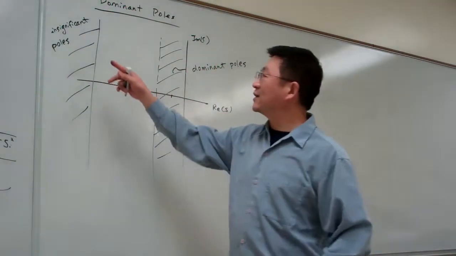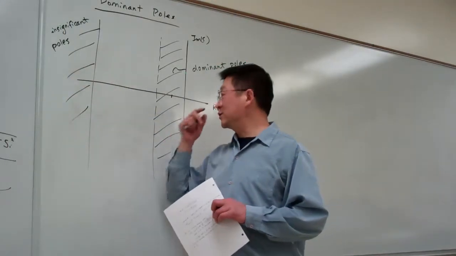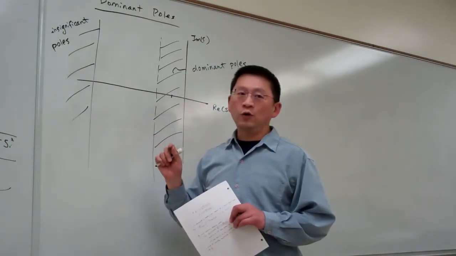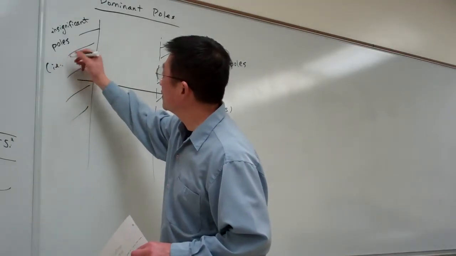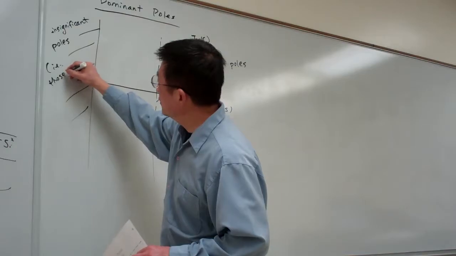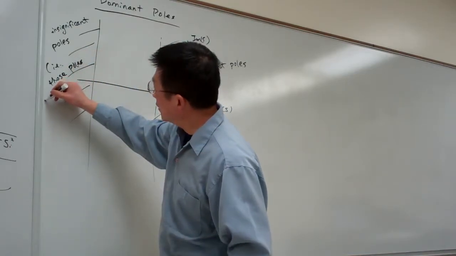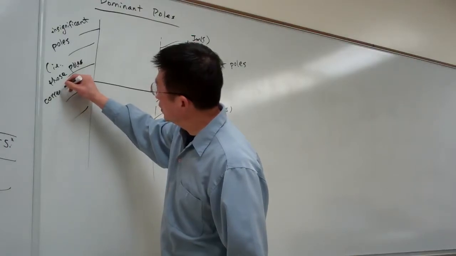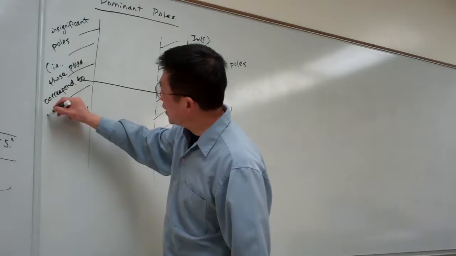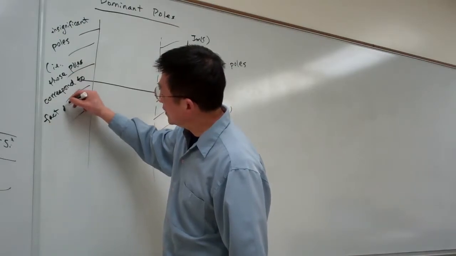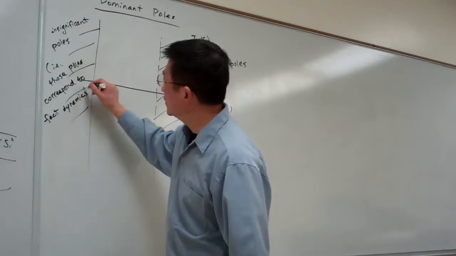Insignificant means their influence on the determination of the system dynamics is small. So those poles correspond to fast dynamics.